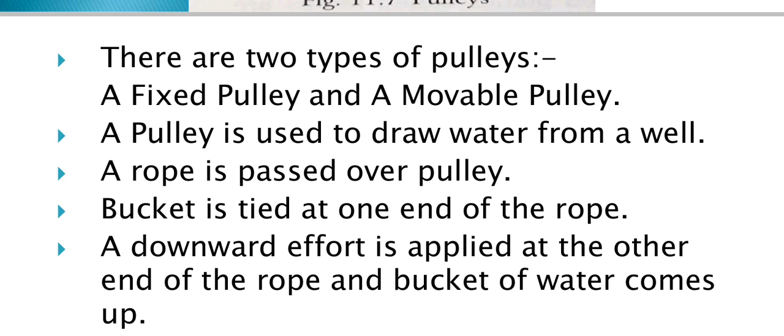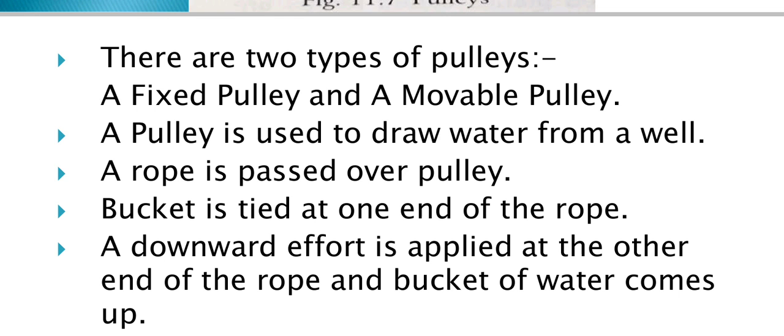It is fitted to some support on the wall of that well. It is fixed. A rope is passed over the pulley. A bucket is tied at one end of the rope, and then you throw that bucket in the well.